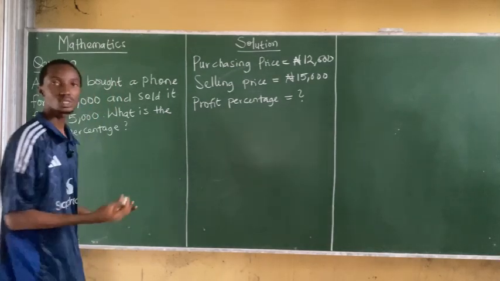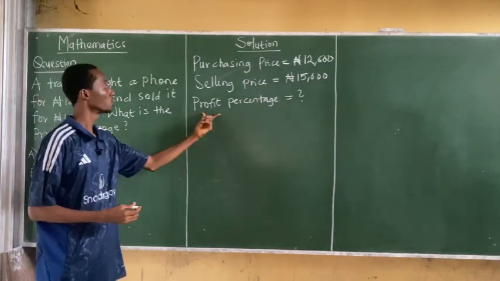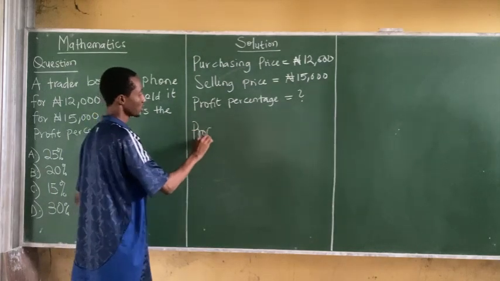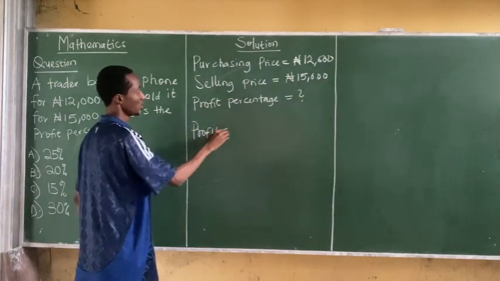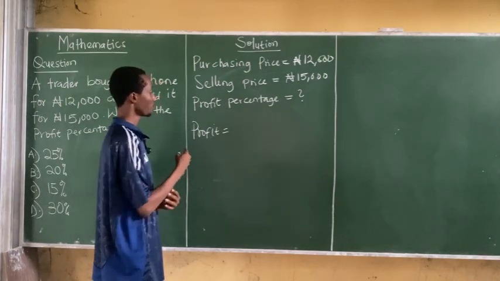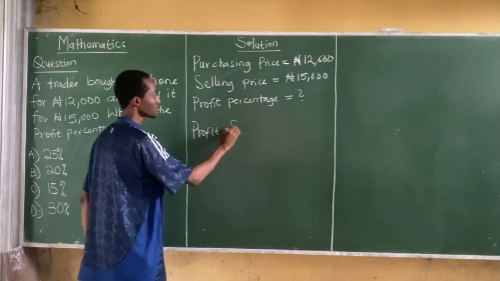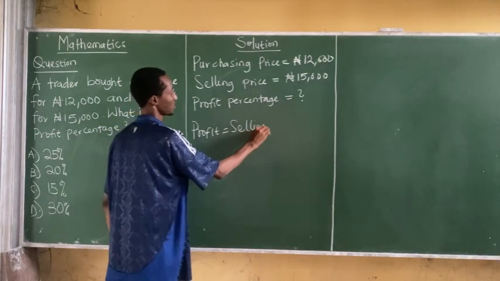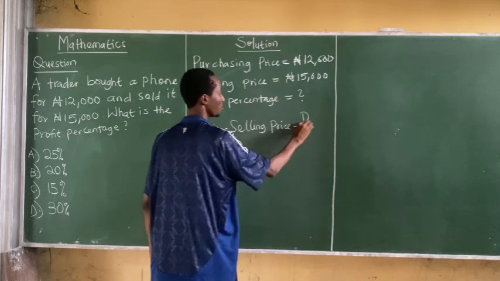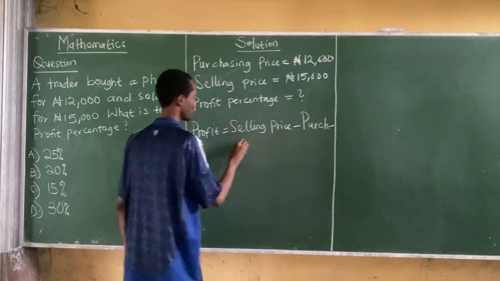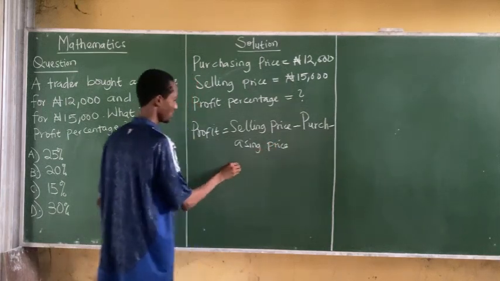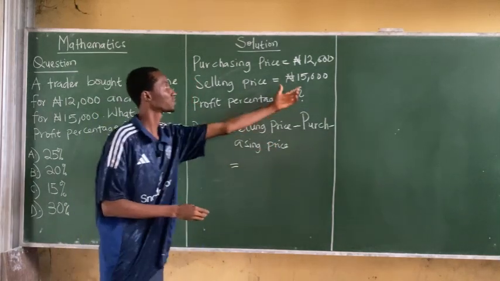Now, the first thing we need to do here is to find the profits. Profit is equal to selling price minus purchasing price. From the question, the selling price is 15,000 naira.